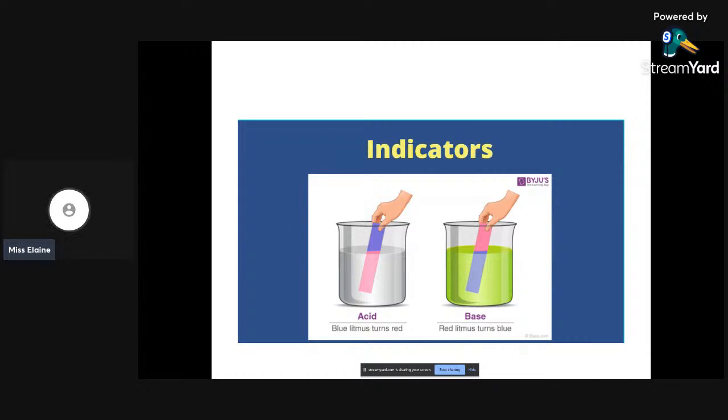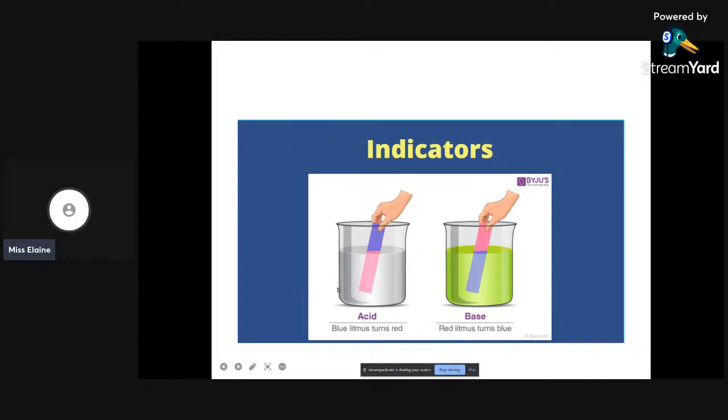How are we going to measure whether a substance or material is an acid or a base? We have what we call indicators. Here we have a water-soluble mixture of different dyes extracted from lichens, which is litmus paper.